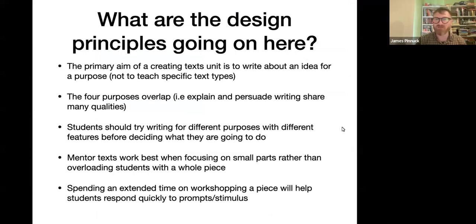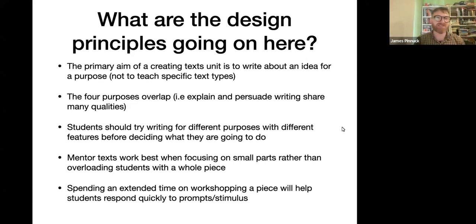So what are the kind of pedagogical ideas that underpin this? Firstly, a big idea in the shape of this type of unit that we're suggesting that you roll out is that the primary aim of a creating text unit is to teach students to write for a purpose about a specific idea.